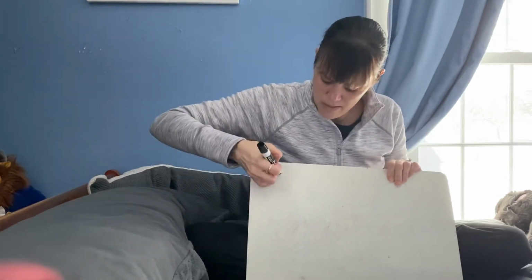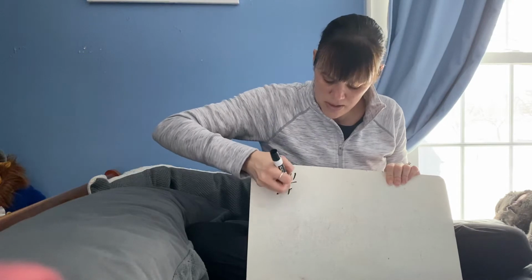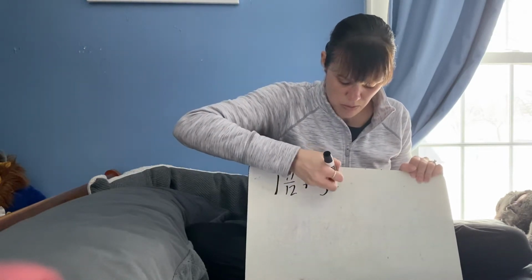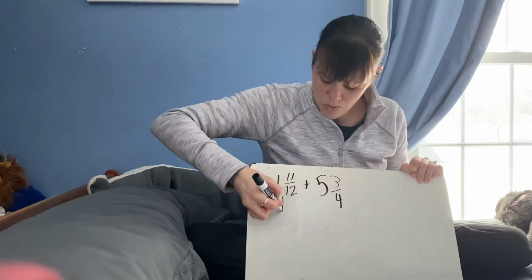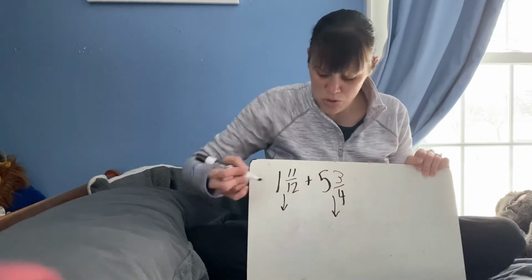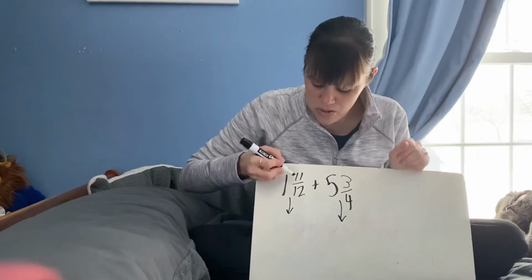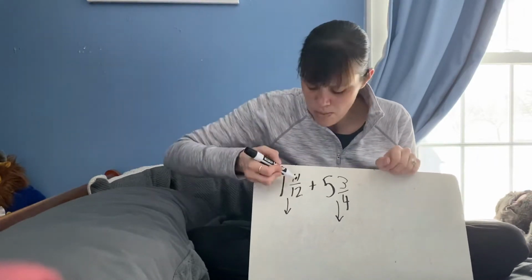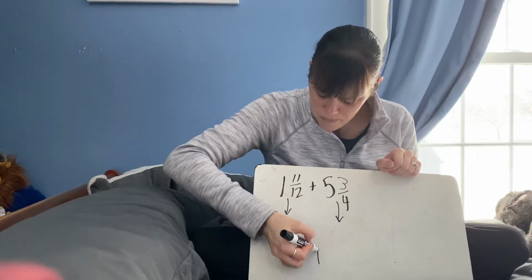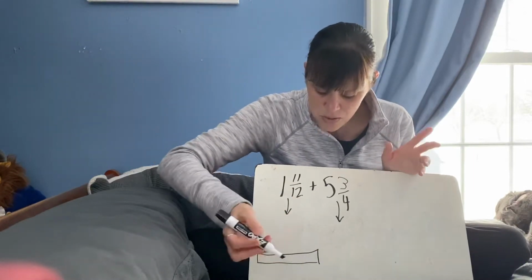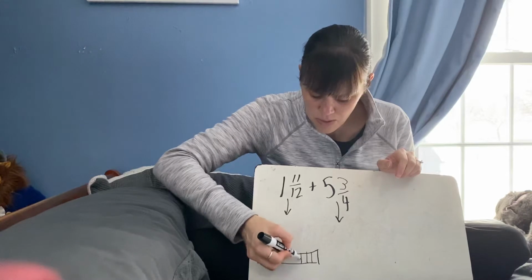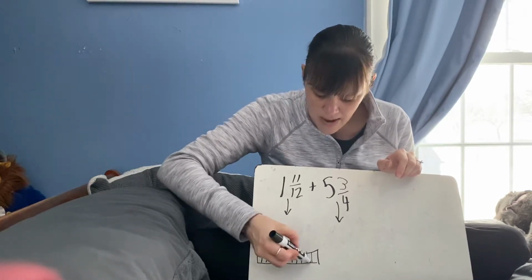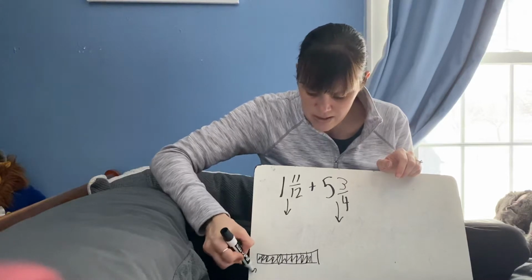We have 1 11/12 plus 5 3/4. So 1 11/12 is going to be closest to what? So if you need to, I bet you already know this, but if you need to draw a tape diagram for 12s, of course they have to be 12s. 1, 2, 3, 4, 5, 6, 7, 8, 9, 10, 11. 11/12 is all of this.